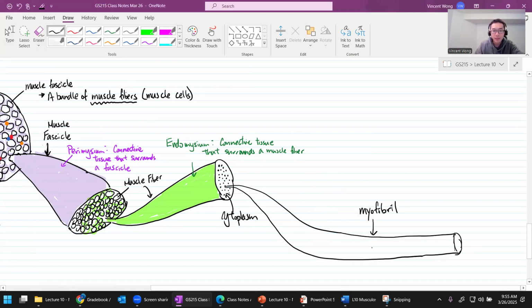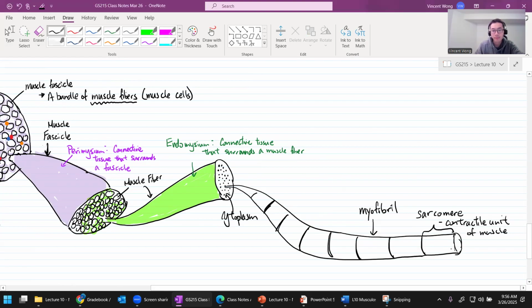And the myofibrils are actually cut into little repeating sections. Each section is called a sarcomere, which is the contractile unit of muscle.